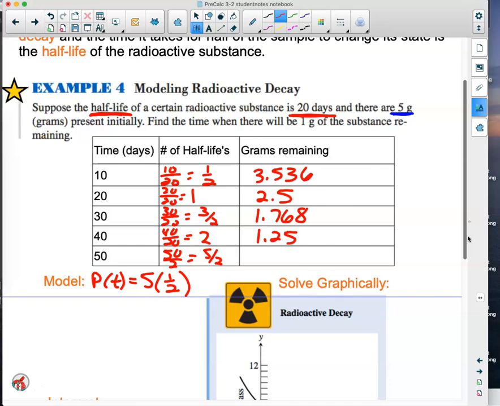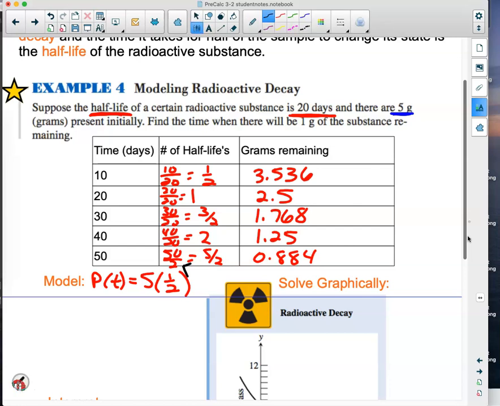This was 1 half-life and this was 2 half-lives. So half of 5 was 2.5, half of that again is 1.25. And then 5 times 1/2 to the 5/2 is 0.884 grams.